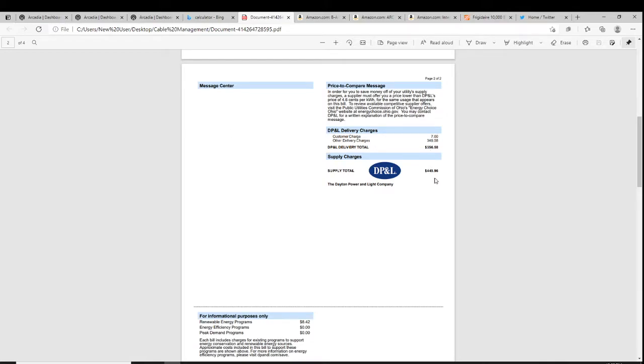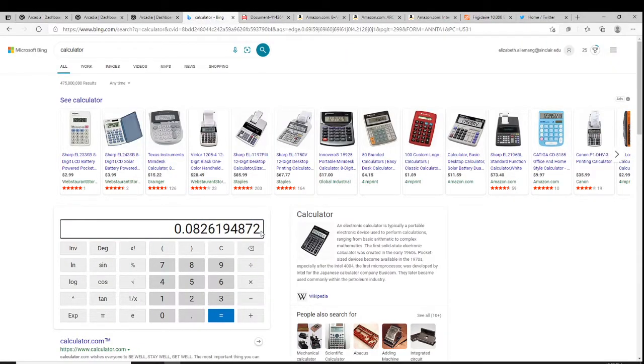So you have to bring those two numbers together and then divide by the total kilowatt hours to get what's called the all-in electric rate, which is the electric rate that you would put into a profitability calculator like whattomine.com to tell you exactly how profitable your rig will be.